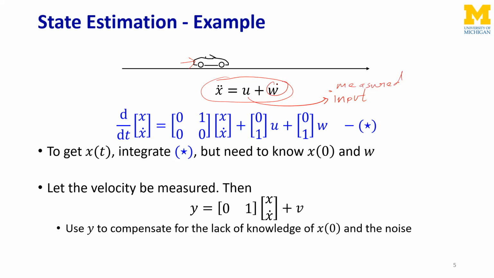And W here is possibly the noise. We can write this equation into the state space form. We just note that the derivative of x is x dot. So when I take the derivative of x, I get x dot as the first component. And I just look at this matrix times the state. So I know that I need a 0 for the position and a 1 for the velocity.